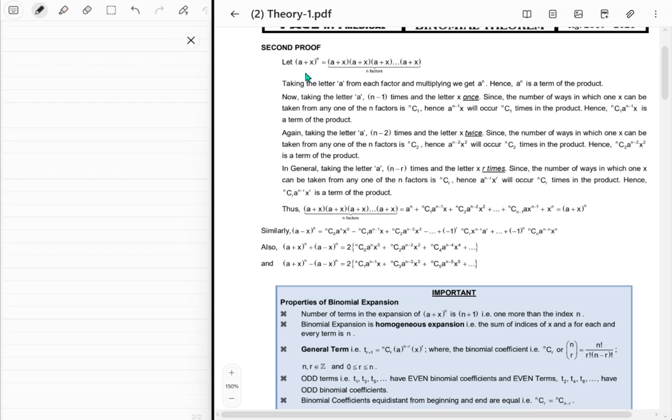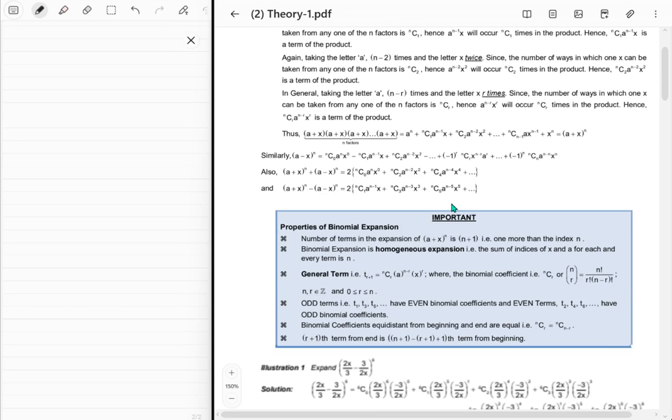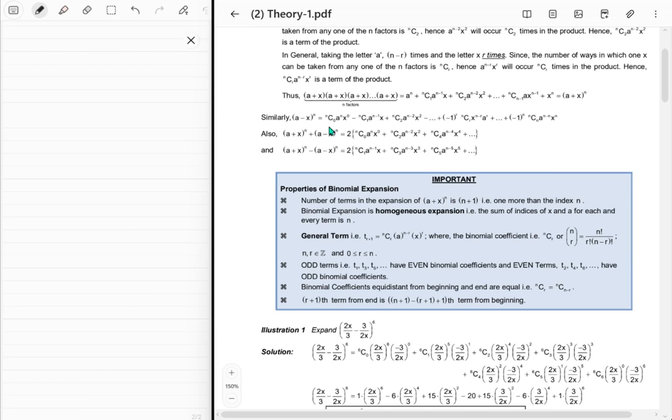So I like this proof much better. You can read all of this. Similarly, minus x. We already proved that a plus x to the power n is equal to the summation from r equals 0 to n of nCr x to the power r and a to the power n minus r.